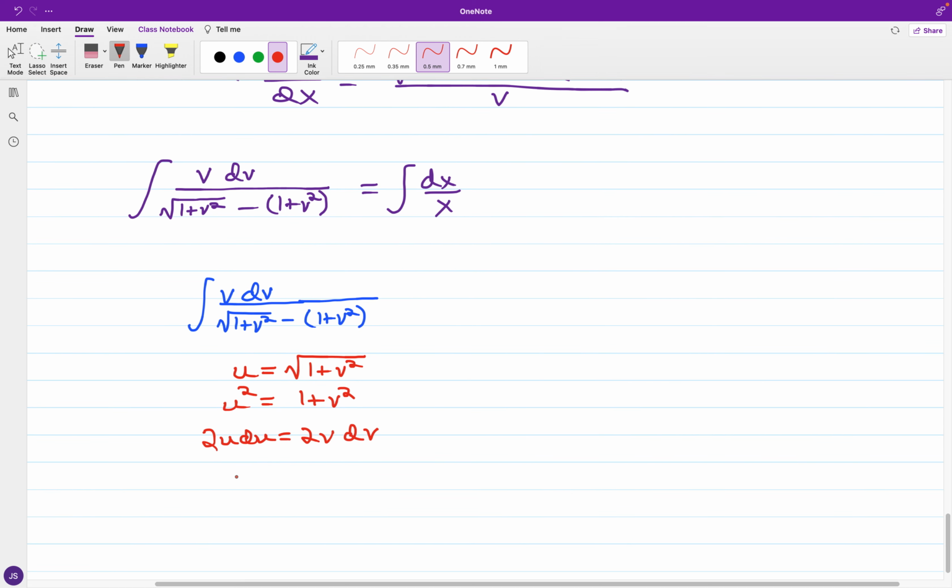And putting dv in terms of du, we have 2u du over 2v is equal to dv. So just looking at what we have in the integral, in the denominator we got u in place of the square root of 1 plus v squared, and we have minus u squared.